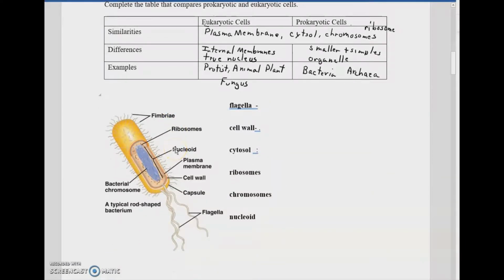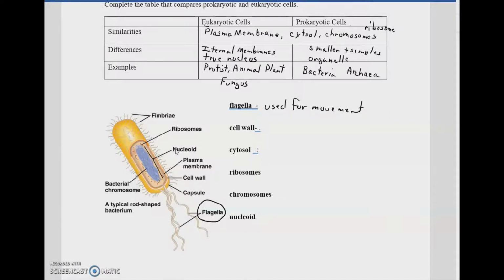All right, so let's take a close-up look of our prokaryotic cell. This is a typical prokaryotic bacteria. It has flagella, which is used for movement. And we see them down here.